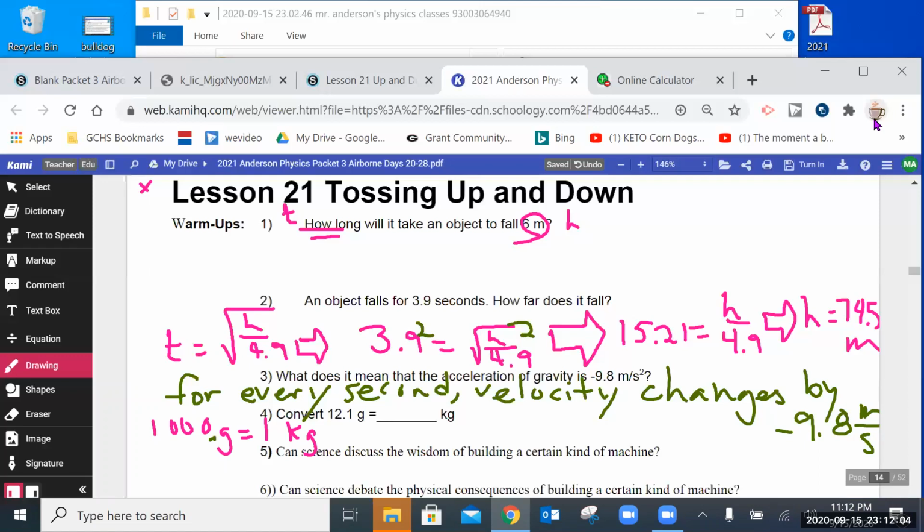To change 1,000 to 1, I move the decimal point over 1, 2, 3 places. So I'm going to take this 12.1 and move the decimal point over 3 places in the same direction, left, and I'm going to get 0.0121 kilograms.